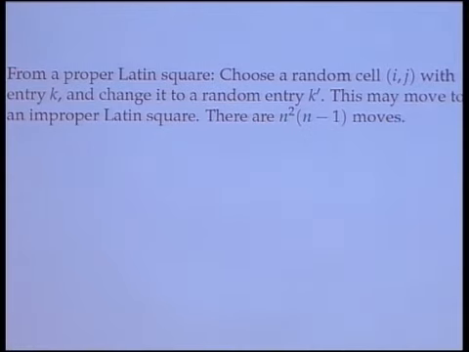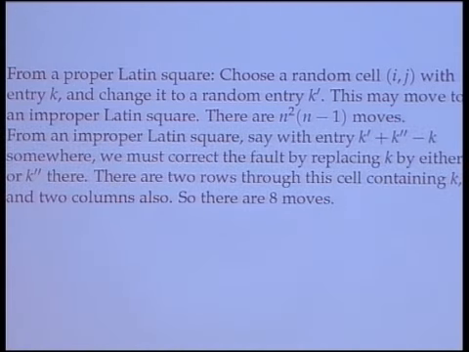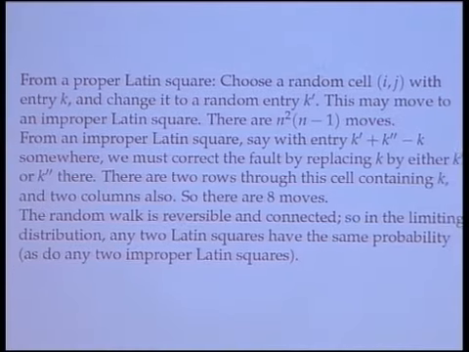So anyway, to summarize what I've been saying, choose a random cell with entry k, change it to a random entry. There are n squared times n minus 1 moves that do that. For an improper Latin square, you have to fix the fault, and there are just 8 possible moves that you could make to do that. The random walk is reversible.